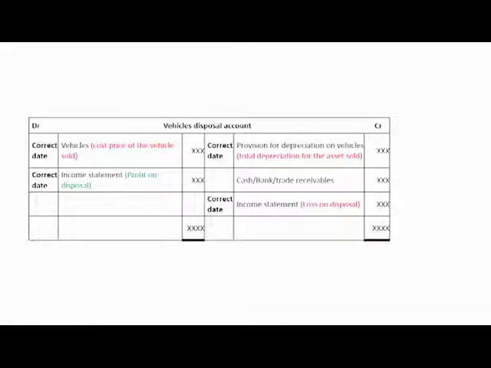And then how much are we going to sell this vehicle for? That you can see bank, cash or trade receivable, is it on credit or whatever, the amount also. Then if we are getting the difference on the credit side, then that means we have made an income statement loss on disposal. If the answer is going to be on the debit side, then that is income statement profit on disposal.